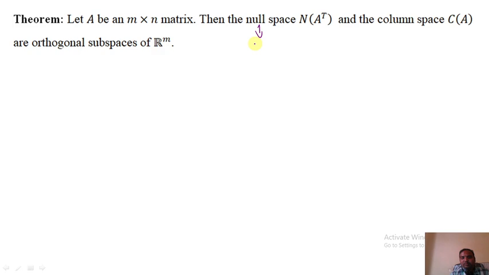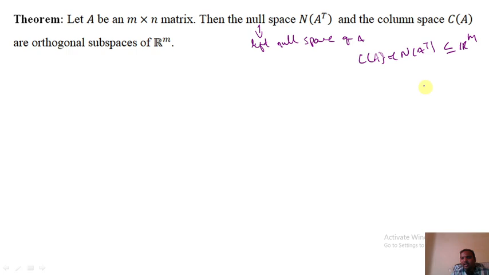The null space of A transpose means the left null space. The left null space of A and the column space are orthogonal subspaces of R power m. Already you know this. The column space of A and the left null space are subspaces of R power m.